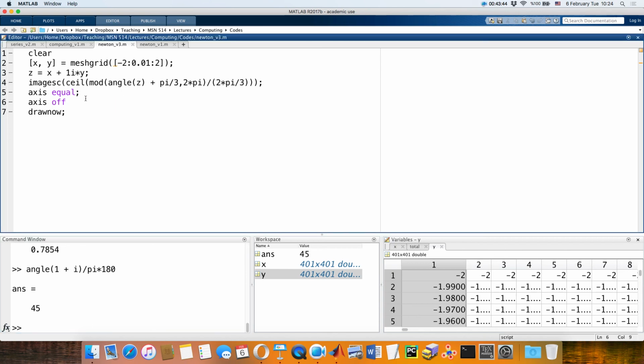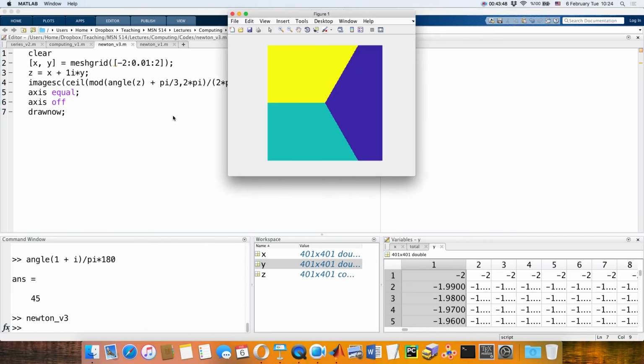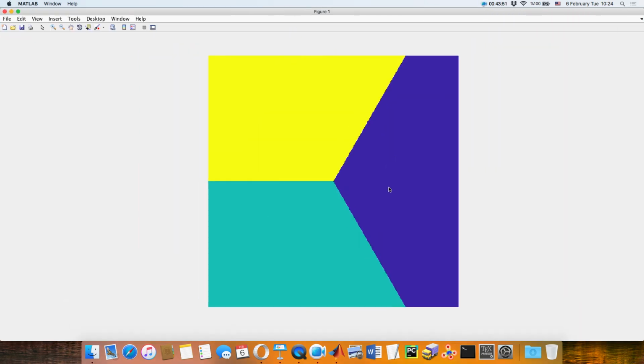Never mind what the rest is doing, but what happens is that it basically draws these regions, okay? This one is where the x equals 1 solution is sitting, this is the other solution, and this is the other solution, okay? What I will do is keep applying the Newton-Raphson method, and I will look for the angle as I apply.